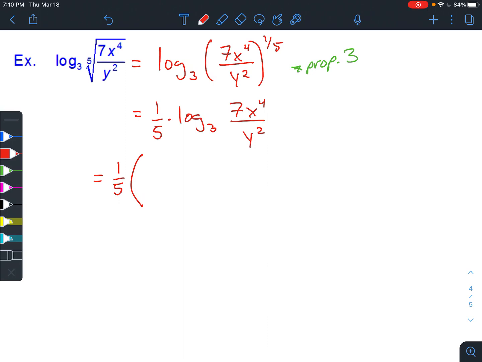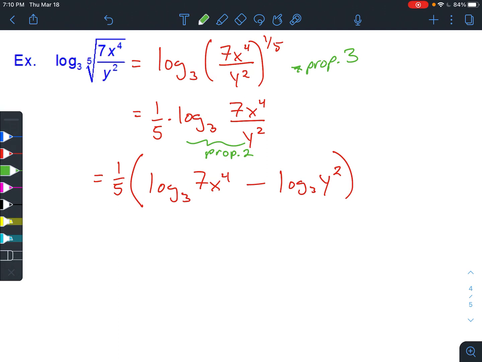Okay, looking at the mess we have right now, this is definitely property 2 because we have a quotient. So this becomes log base 3 of the numerator, 7x to the 4th, minus log base 3, that's a 3 I swear, of the denominator, y squared. Now, again, we do have some messing around we can definitely do inside our big parentheses.